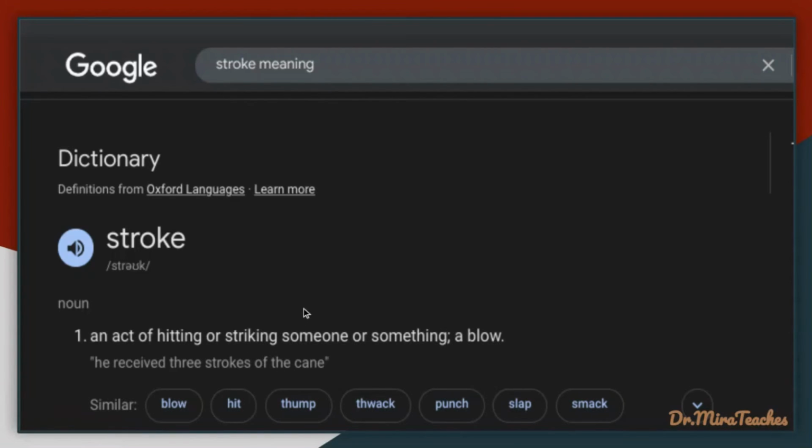Instead of saying I received 3 lashes, a more fancy way to say it is he received 3 strokes of the cane. And if you look at the synonyms, it means to blow, to hit, to smack, to slap. So that's what stroke means, the act of hitting or striking something.